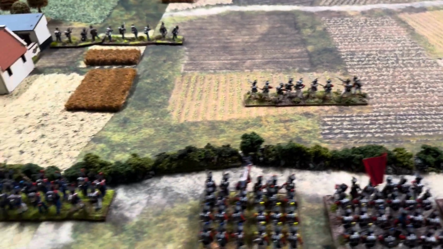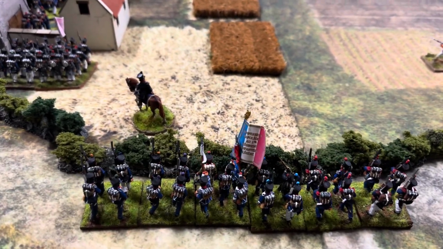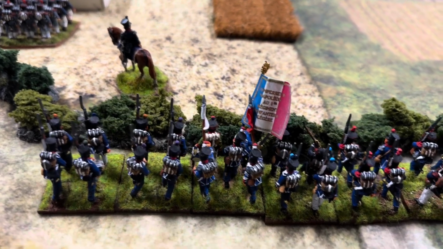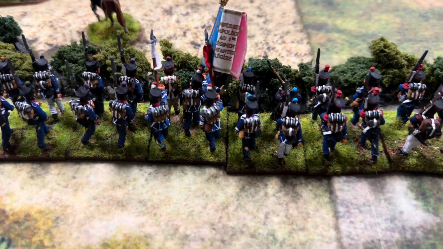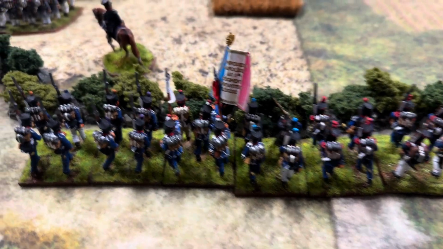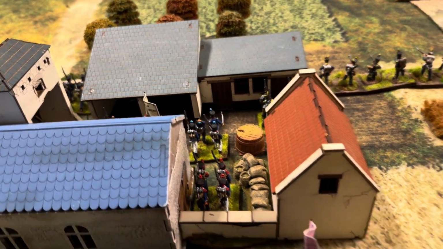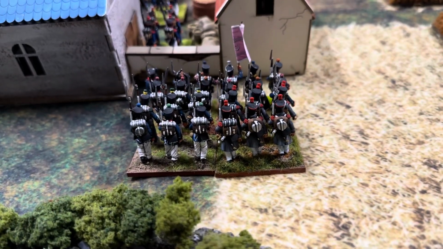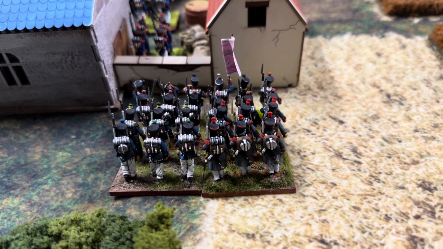They're all standard size until we get to this point here. Now, the 1st Battalion of the 1st Light, they are veterans, but they're a small battalion, because they suffered very heavily at the Battle of Nivelle. The 2nd Battalion in the BUA, they're veterans. These guys, like I said, veterans. And these guys here, the 3rd Battalion, they are line quality.